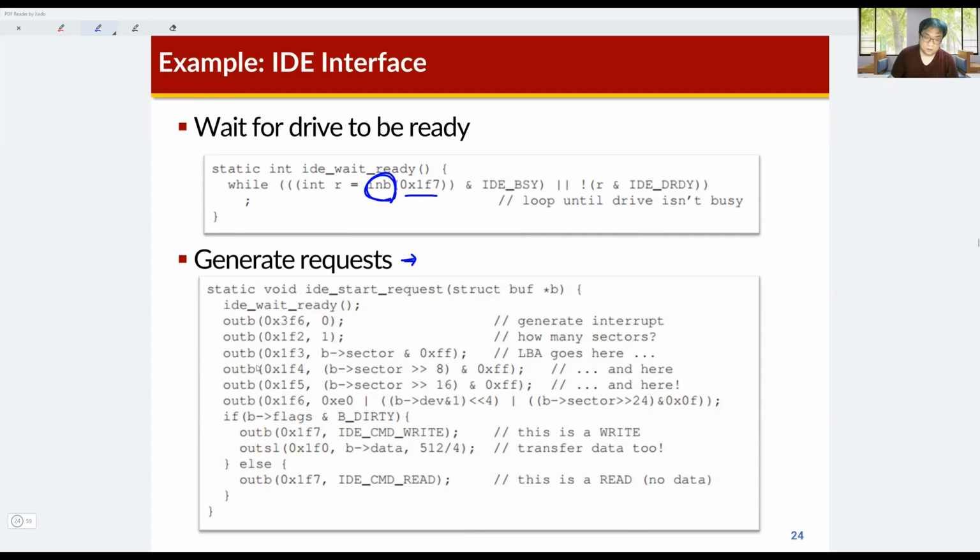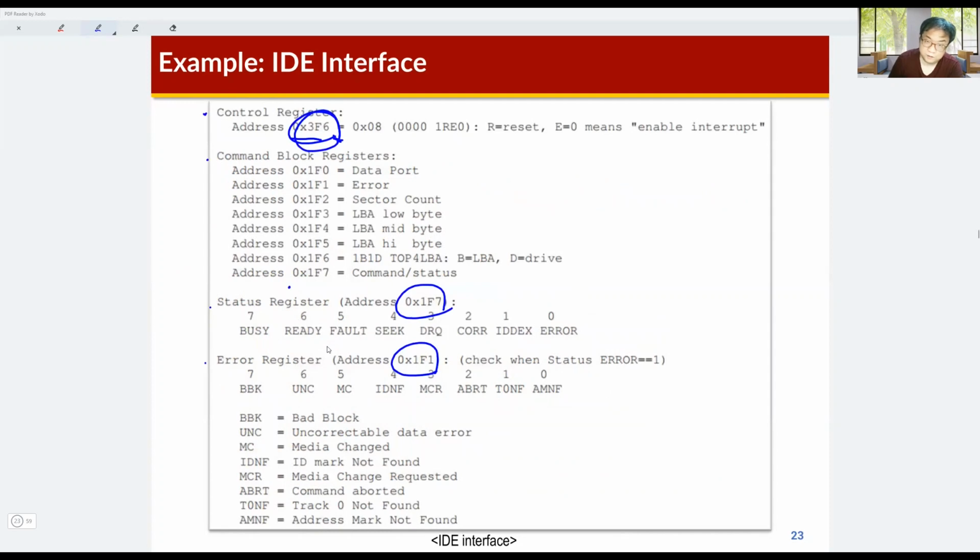Okay, so you can find the IDE wait ready function here. You can find some specific commands here, outb, outb, outb. This is programmed IO, PIO. With this dedicated outb command, the operating system, that is actually the CPU, writes some specific command to these command registers here.